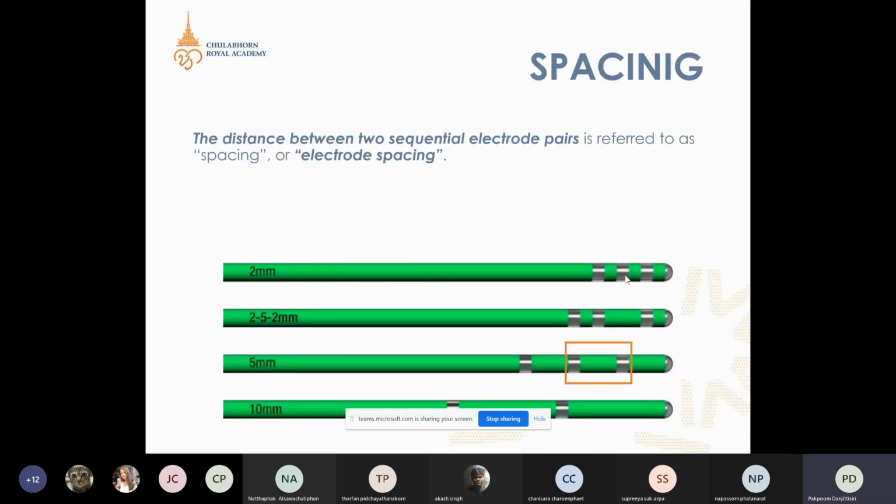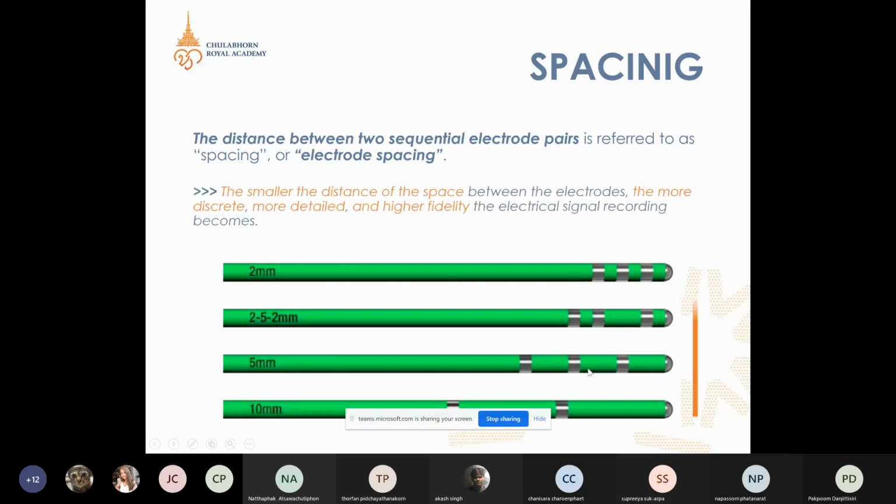The distance between 2 sequential electrode pairs is referred to as electrospacing. The smaller the distance of the space, the more discrete, more detailed, and higher fidelity the electrical signal recording becomes.